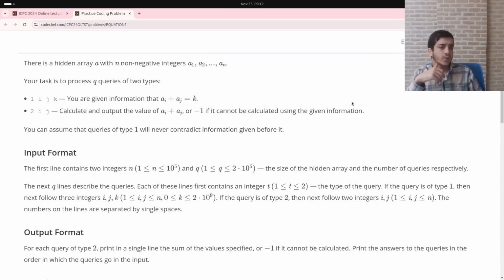I'm thinking of making a graph and putting an edge with weight K between I and J. Maybe it works.